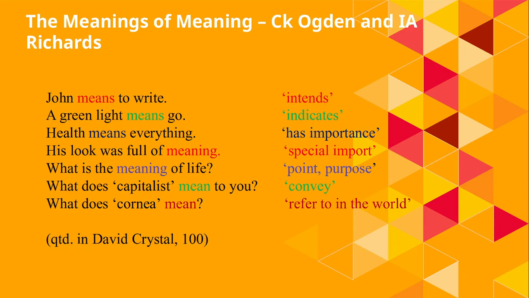Now, it is interesting to see that Ogden and Richards had distinguished between 16 to 18 meanings of meaning.